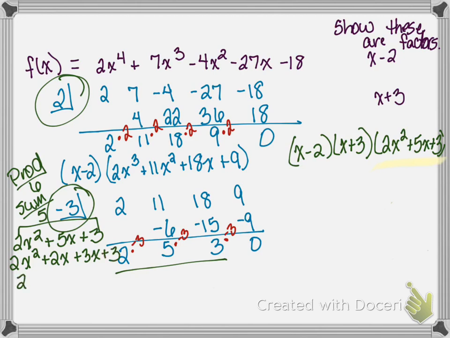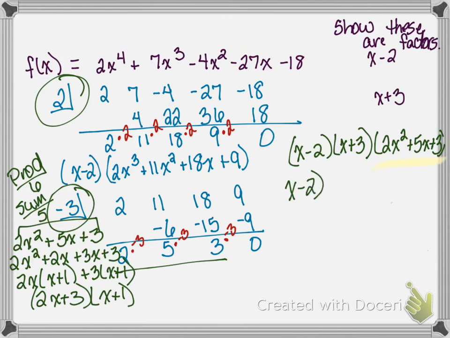So I take a 2x out. Then I take a 3 out. So this factors to 2x plus 3 and x plus 1. So I have x minus 2 times x plus 3 times 2x plus 3 times x plus 1.